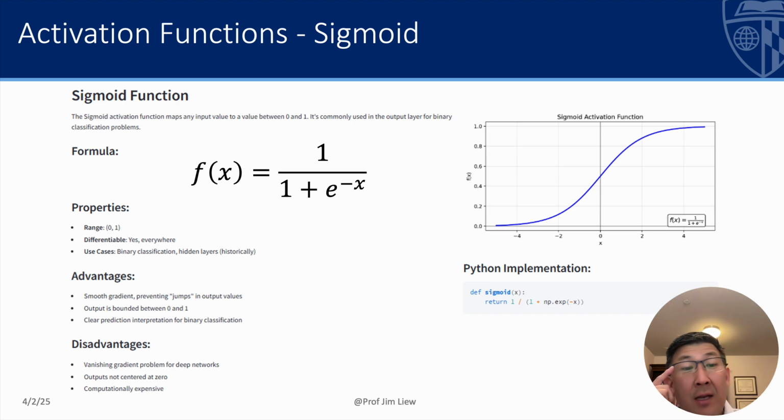Some of the advantages for this activation function: notice that it's differentiable everywhere. What does that mean? You can take the derivative no matter what the x value; it's a very smooth function, it's monotonically increasing, and so forth. Some of the disadvantages, and this is subtle, is the vanishing gradient problem.